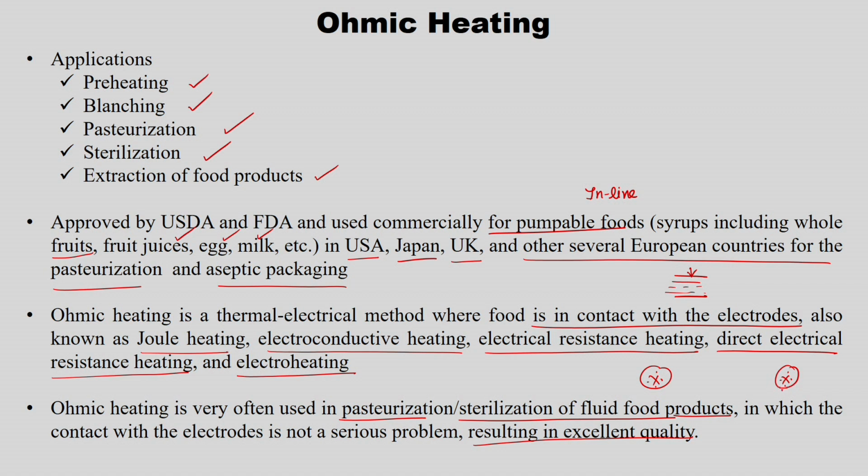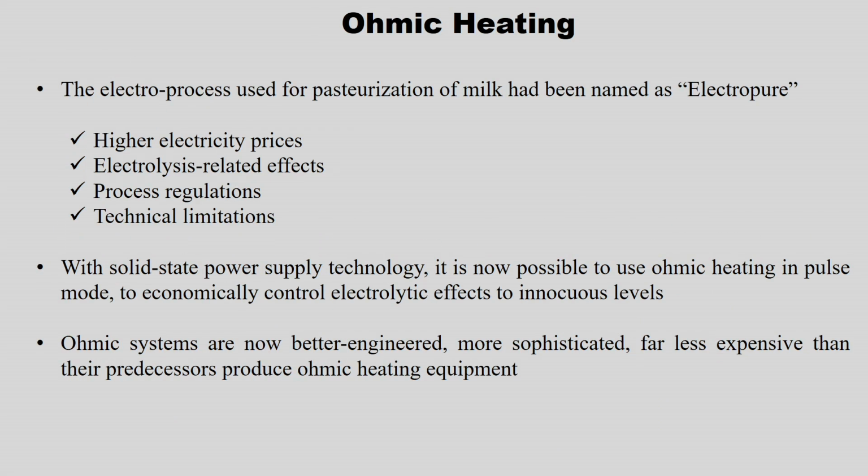If that is the case, some of the corroded material may also get into the food. So, it is very much employable and gives excellent quality when such a problem does not arise. Such a problem means there should not be any corrosion in the electrodes due to the liquid food product being heated.